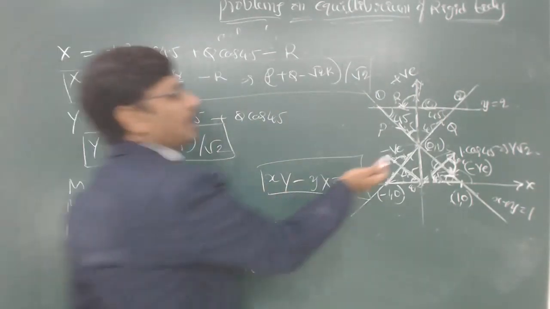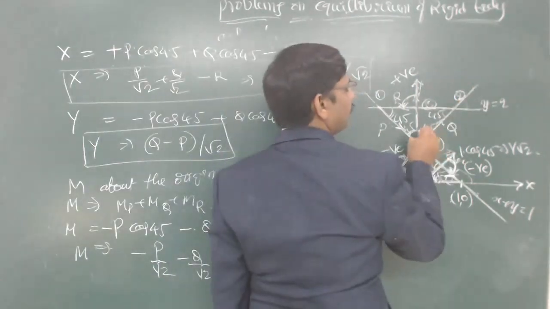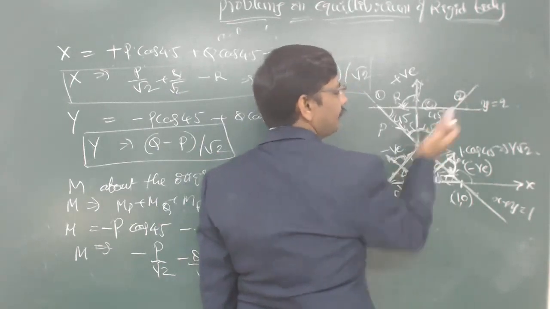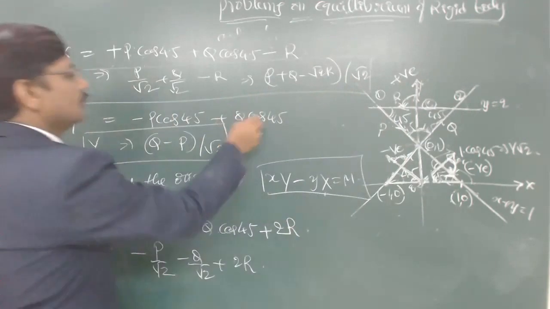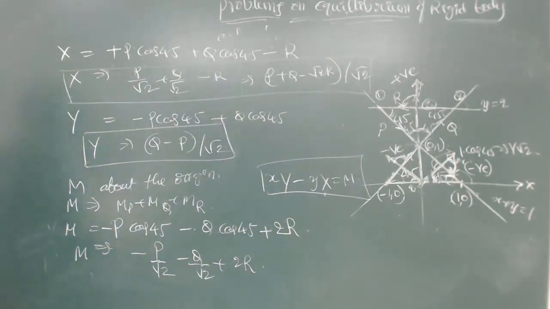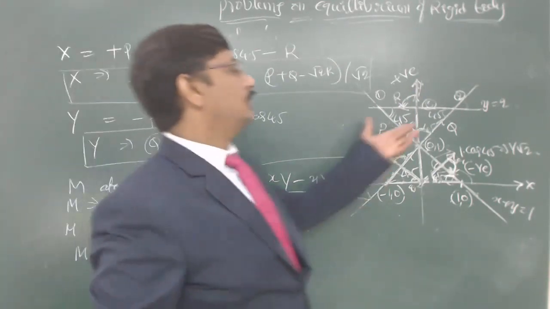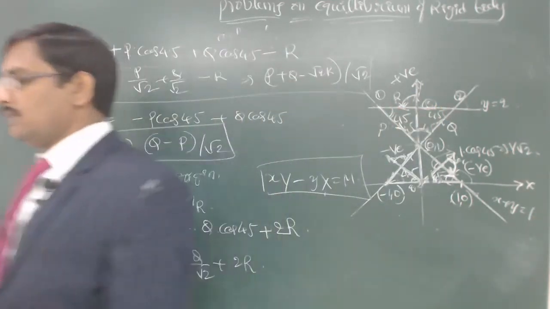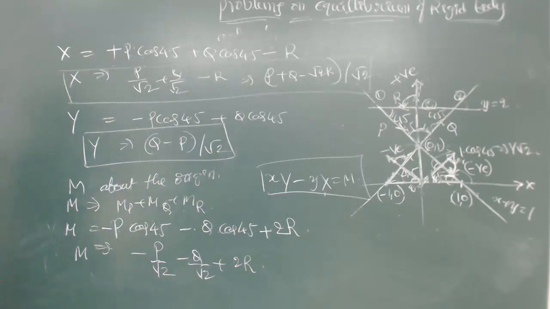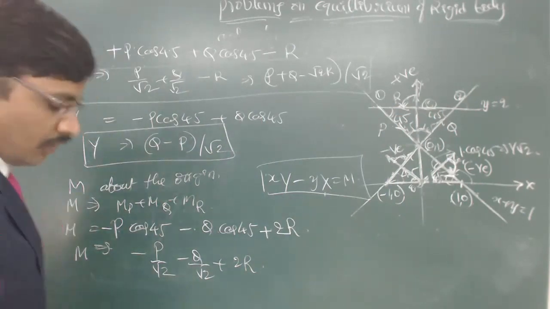And Q is in the upward direction, making 45 degrees with the y axis, again Q cos 45 in the upward direction. So this is Q cos 45. Got it? R is not in the y direction, it talks only about the x direction, hence you can ignore the R value for y. Okay, note down one more.